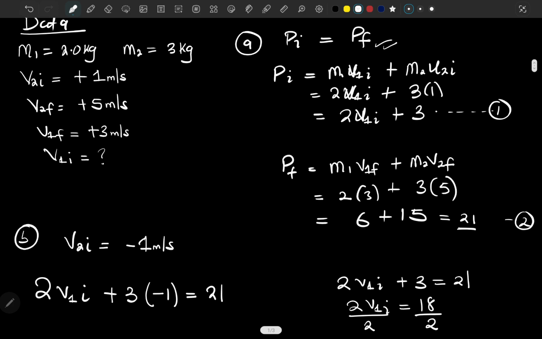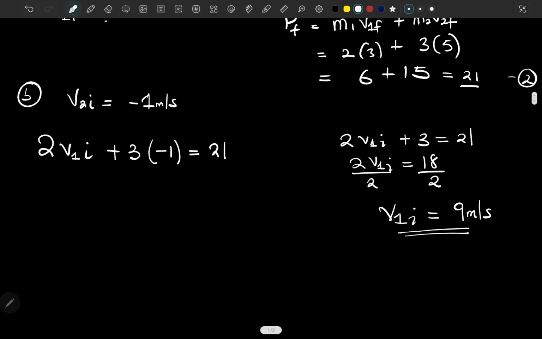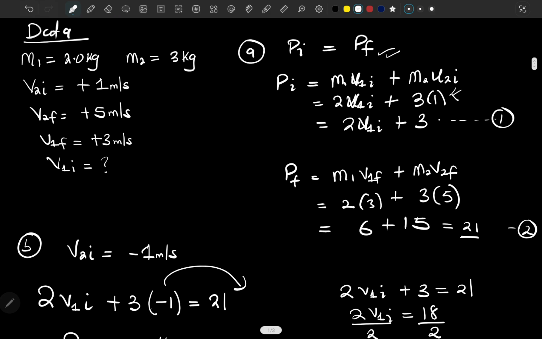The only thing that will change is the value that we had substituted there. So now we get negative 3. Negative 3 goes this side, becomes plus 3, which is now 24, meaning we get 2v1i equal to 24. And this will give you v1i equal to 12 meters per second. That's all.